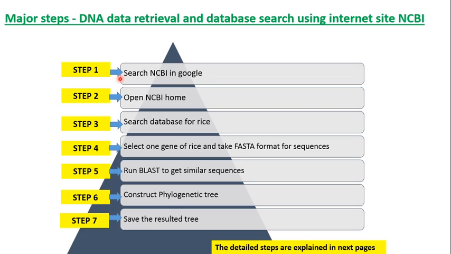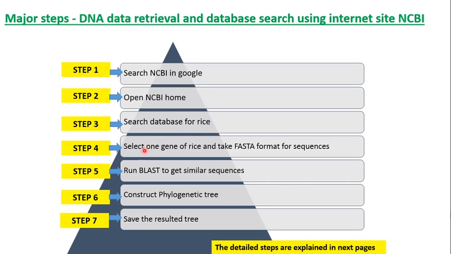Here I have mentioned the major steps of the practical. The first step is to search NCBI in Google, then open the NCBI home page, then search the database for rice. You can search the database of other species also, it depends on your interest, in which species you want to research.